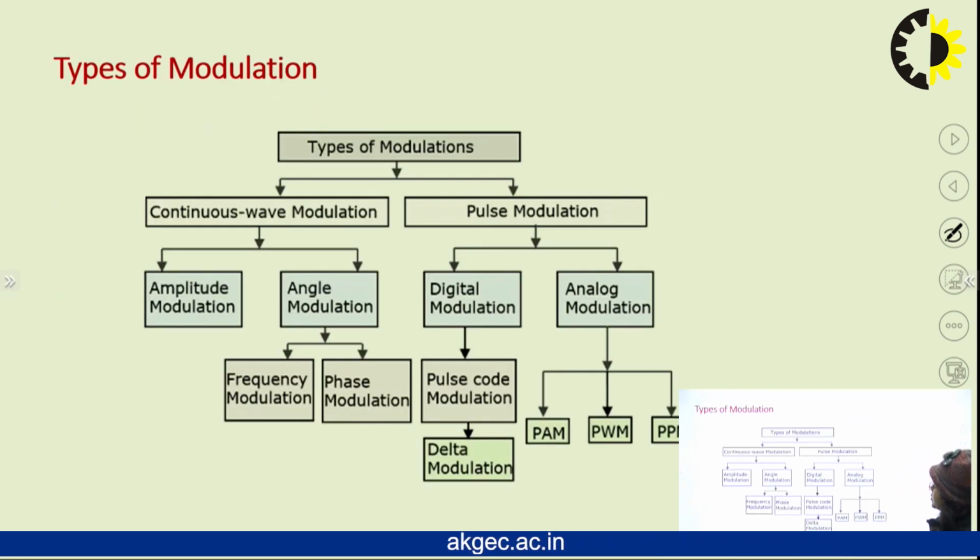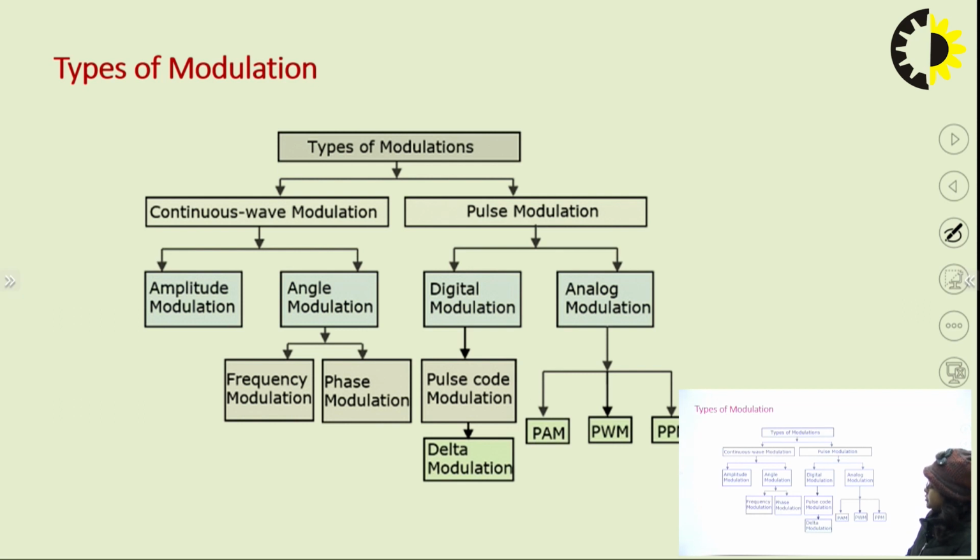Different types of modulation that exist are analog and digital, which are also called continuous wave modulation and pulse modulation. Continuous wave modulation is of two types, amplitude modulation and angle modulation. Angle consists of two components, frequency and phase, so frequency modulation and phase modulation.